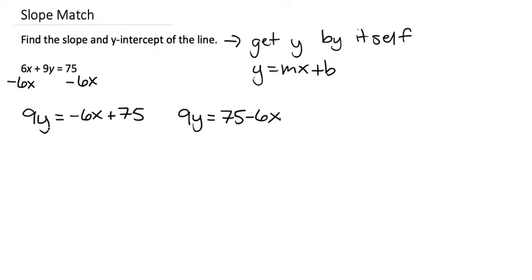So once I have the y on one side of the equation by itself, the last thing that I need to do is get rid of the number in front of the y. And I would do that by dividing.